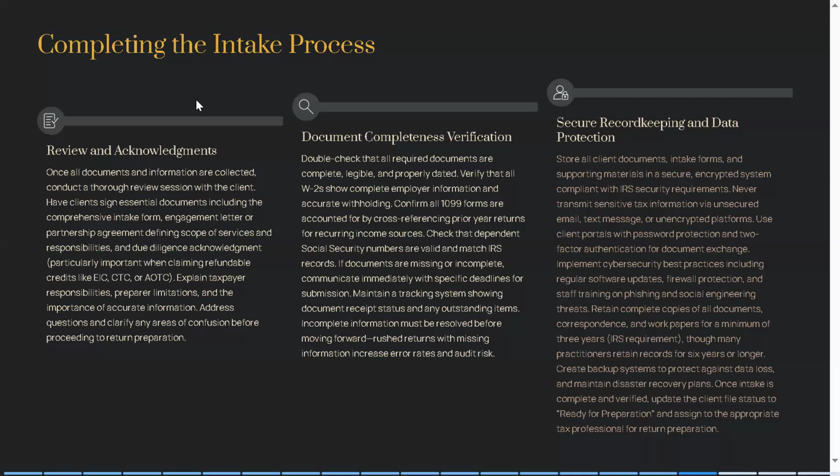You should have a separate email for your tax business. Your client should not be sending their tax documents to missfine29@gmail.com. We want a professional tax email where they can send their information. Again, we're building that trust.